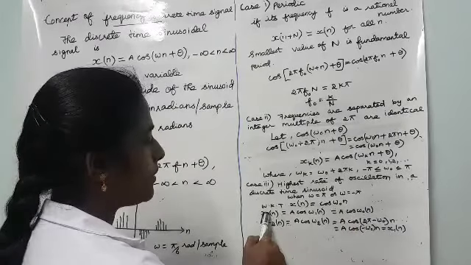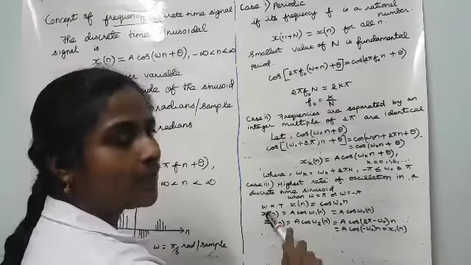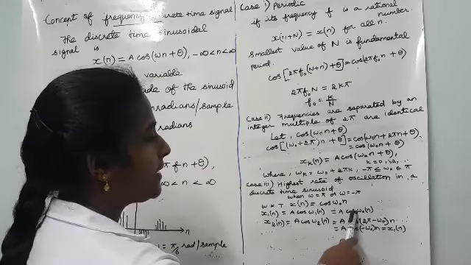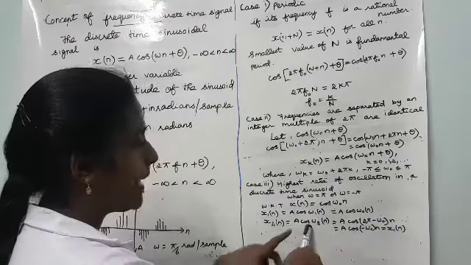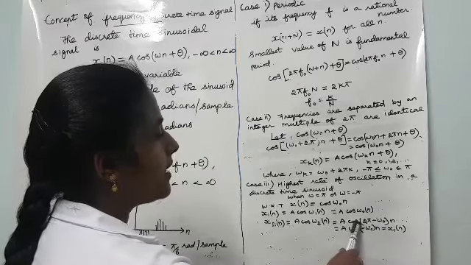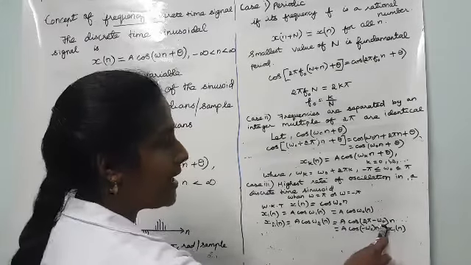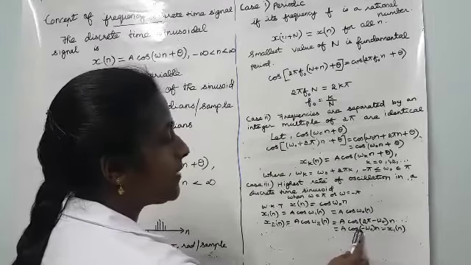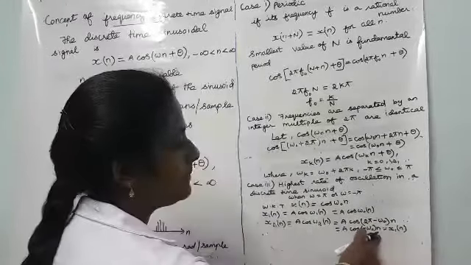We can take it as x1 of n and x2 of n. x1 of n is equal to A cos(omega 1 n), that is equal to A cos(omega naught n). x2 of n is equal to A cos(omega 2 n), where omega 2 can be written as 2 pi minus omega naught, so we get A cos((2 pi minus omega naught) n).